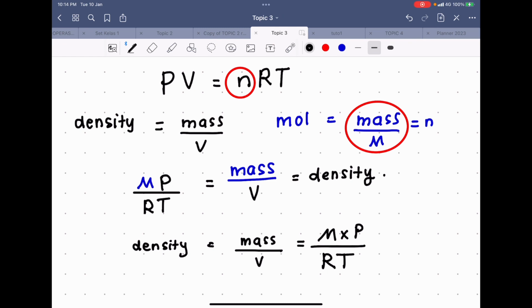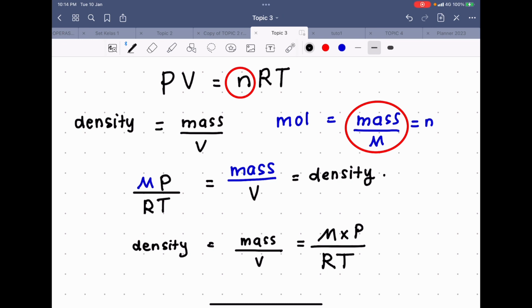Please be careful with the units: pressure must be in atm, R must be in L·atm over K·mol, and temperature must be in Kelvin. That is how we can calculate density.